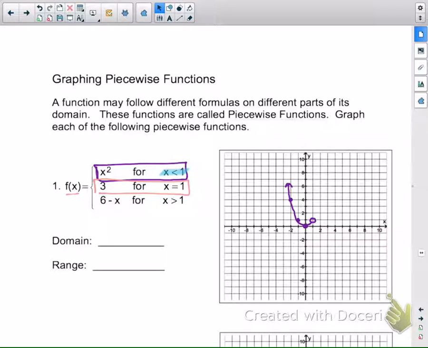However, if I look very carefully before I graph the whole horizontal line, what does the restriction to this say? It's just for x equals 1. So if they're giving me a horizontal line for one x value only, what are they actually giving me there? 1 point. So they're telling me at x equals 1, I have a closed dot at what value? 1, 3. That is it.